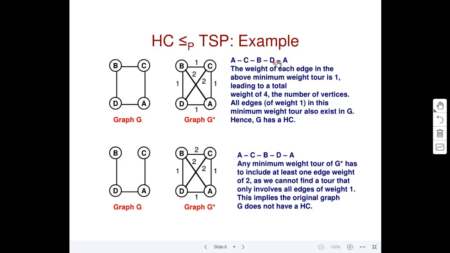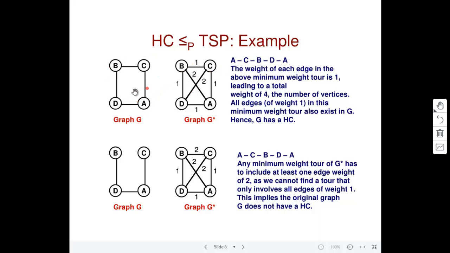So the number of edges is going to be the same as the number of vertices. So if the weight of the tour is the same as the number of vertices, then all the edges in that tour have a weight of 1. And if all the edges in the tour have a weight of 1, it also means those edges were there in the original graph.